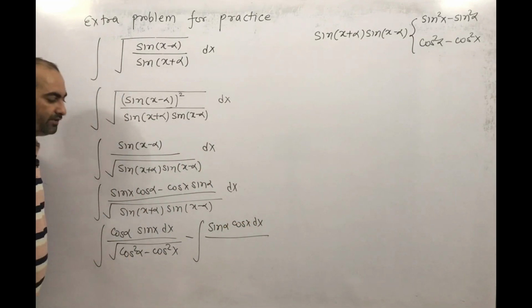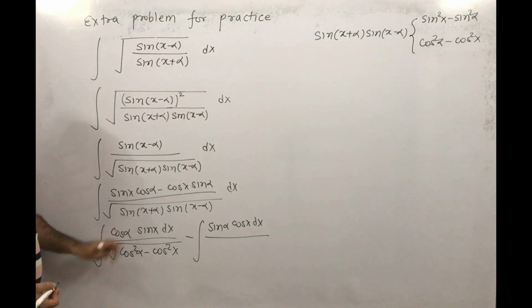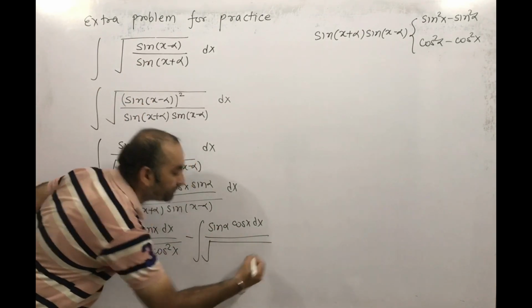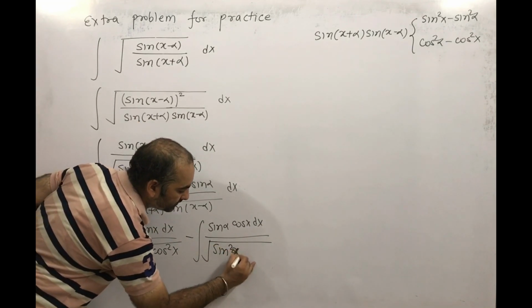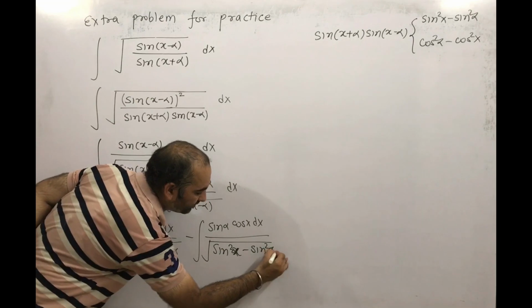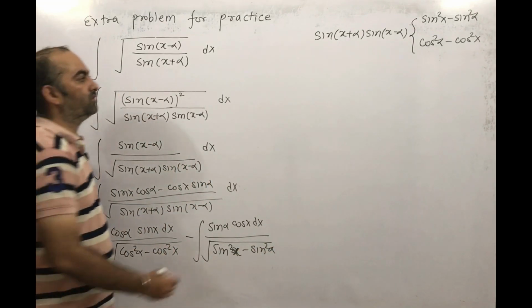If in the numerator we have cos x, the denominator we have to convert in terms of sine. So we write root over sine square x minus sine square alpha. Okay, now here cos alpha is outside only.